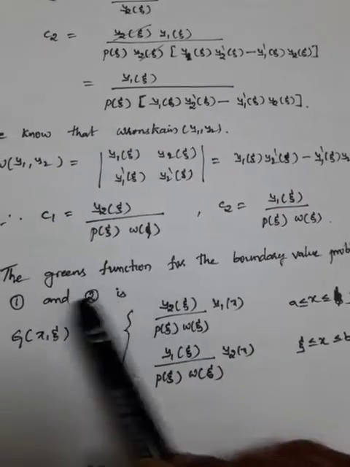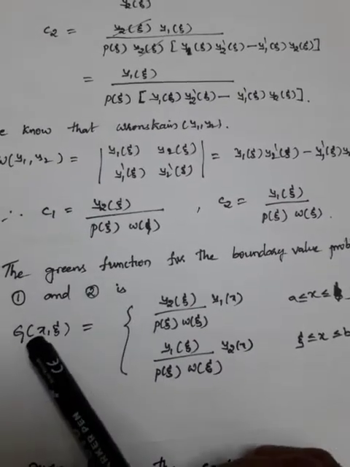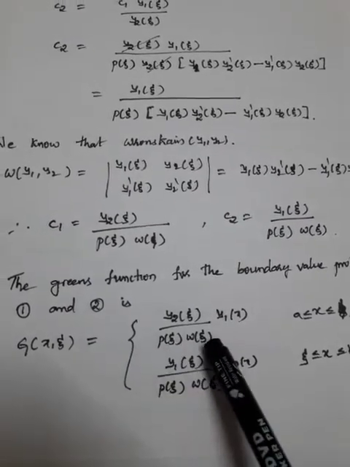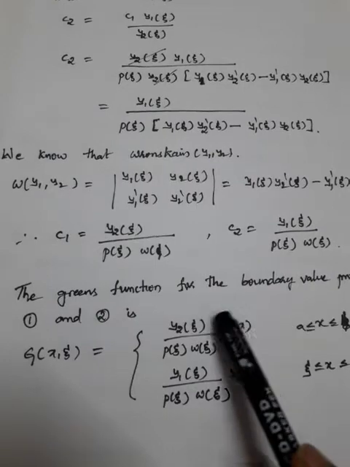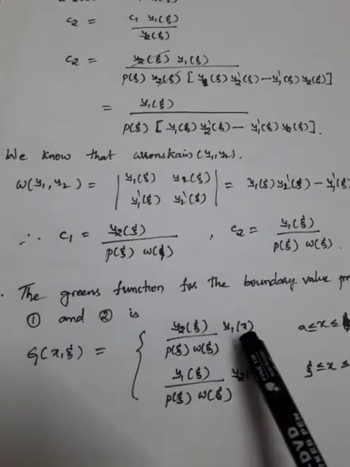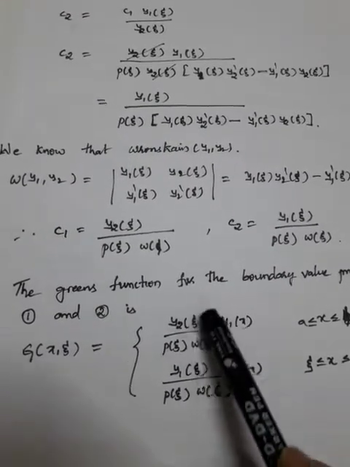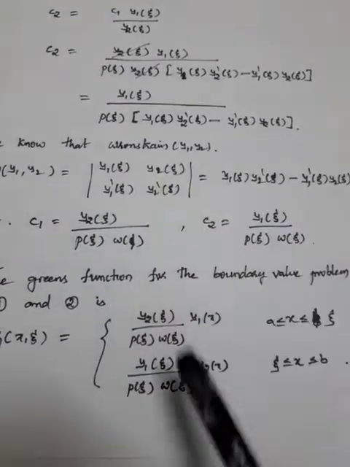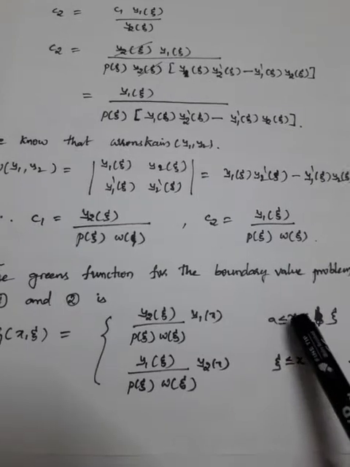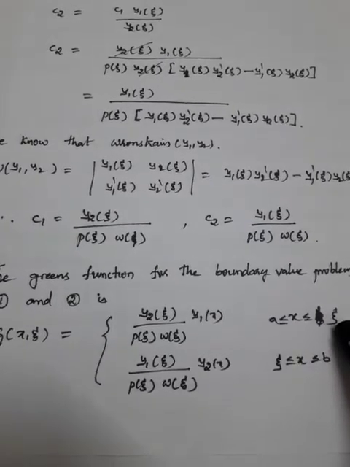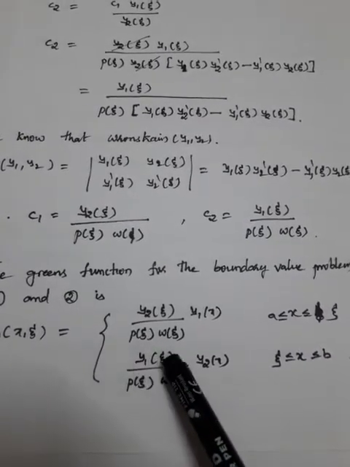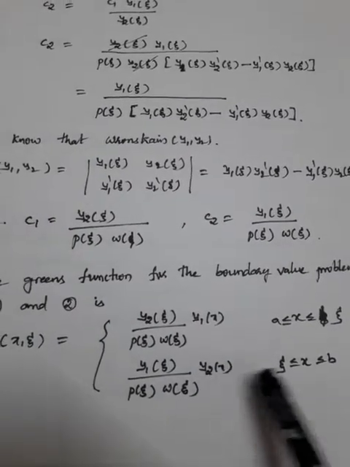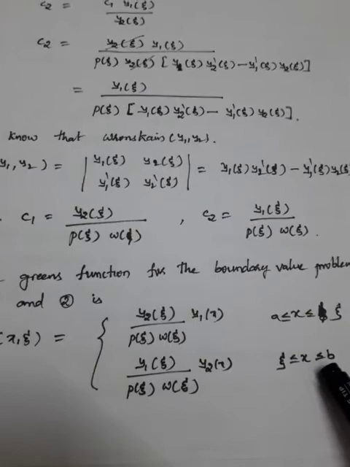The Green's function for the boundary value problem 1 and 2 is g of x comma ξ equal to y2 of ξ by p of ξ W of ξ times y1 of x, for x less than or equal to ξ. Here the c1 value has been substituted, and instead of the whole term we have taken W of ξ. In a similar manner, it is y1 of ξ by p of ξ W of ξ times y2 of x, where x varies from ξ to b.